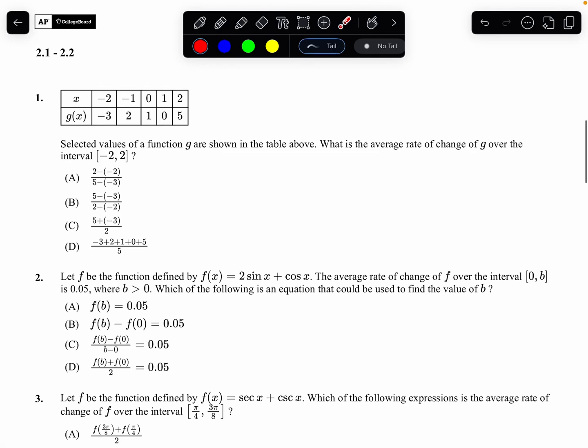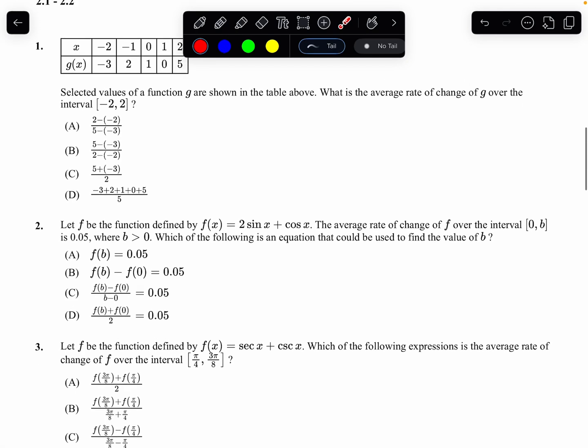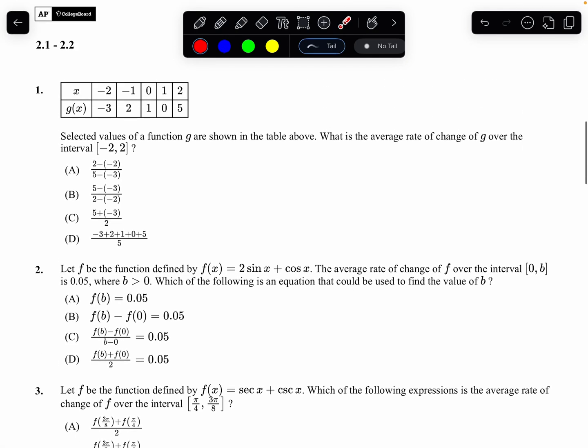Okay, so for the multiple choice parts, starting with question 1, selected values of a function g are shown in the table above. What is the average rate of change of g over the interval from -2 to 2? This is so easy.